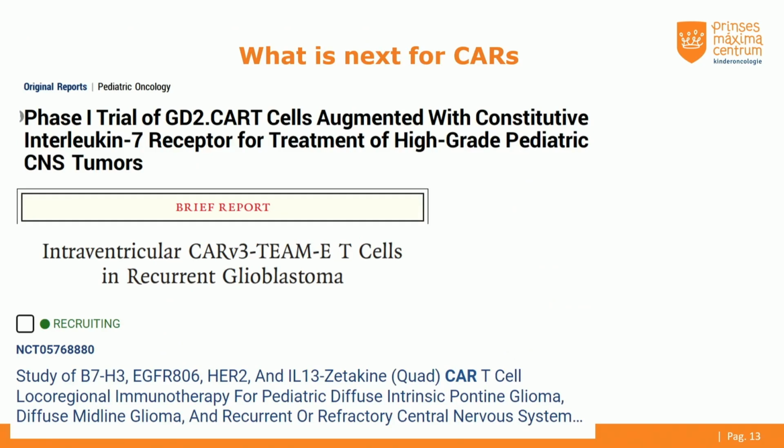I think, as I said, if you augment your CARs, so adding, for example, interleukin 7 or interleukin 18, so shaking up more the microenvironment, your T cells, your CARs, are more persistent. That is something we should work on, and maybe there's more merit in it.